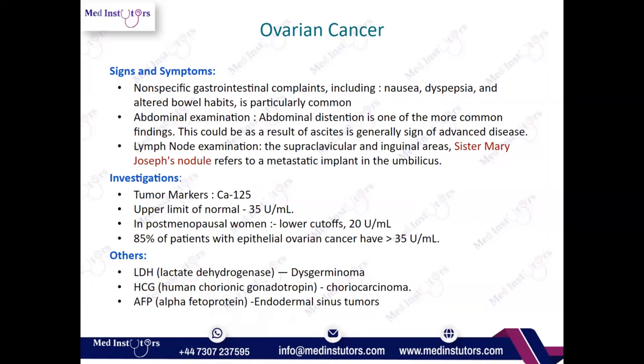So now what lab are you going to order, which tumor markers are you going to offer her? The answer is all of them: CA125, LDH, HCG, alpha fetoprotein, because you're unsure which type of tumor she has and what this mass is all about. So in that case, you need to rule out every type of tumor, so you will go with all of these tumor markers.